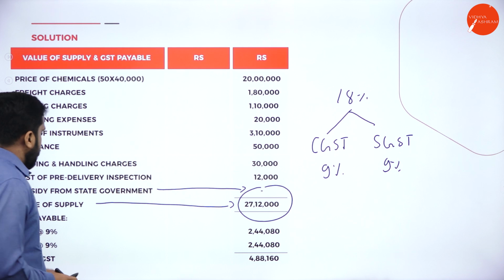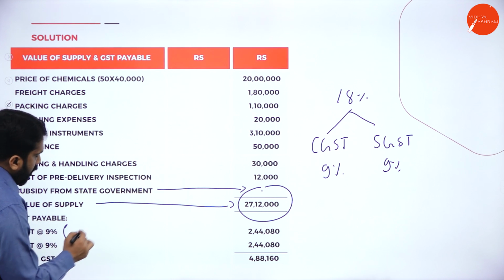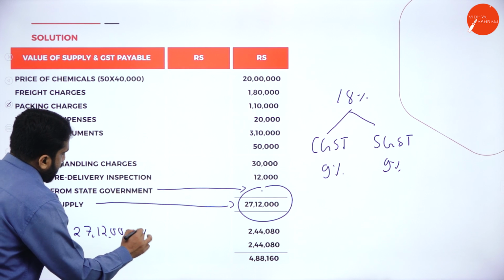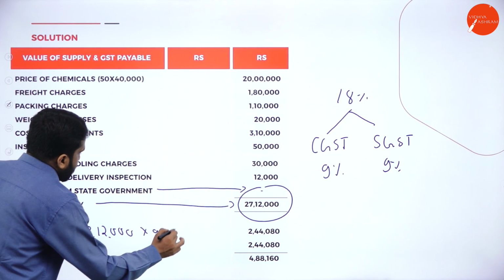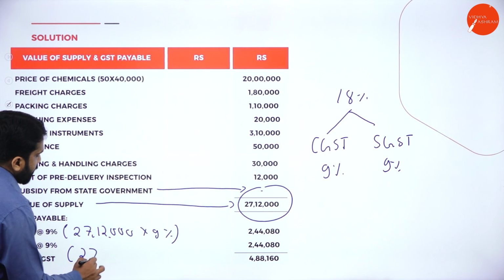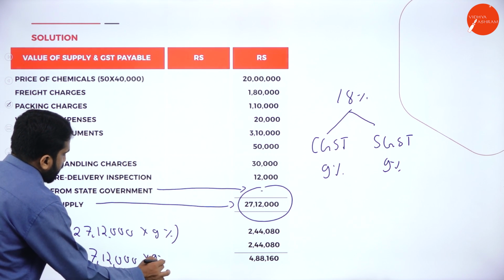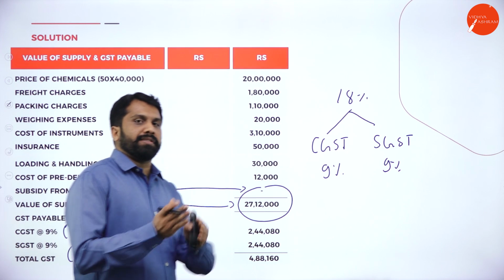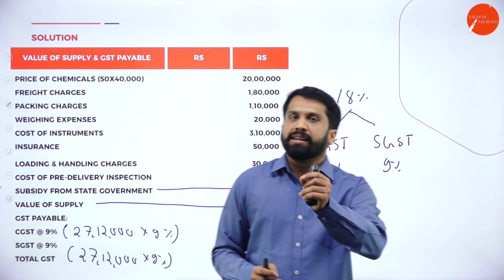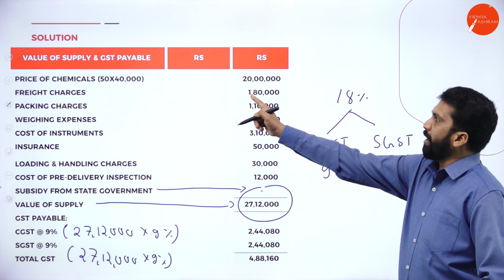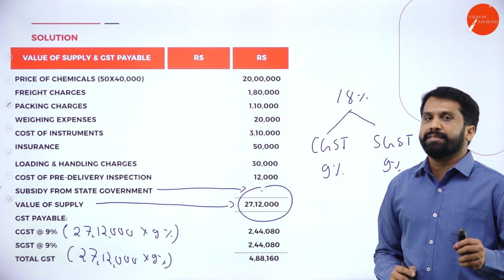So calculate how much? 27 lakh 12,000 multiplied with 9%. Similarly, 27 lakh 12,000 at 9%. The overall 18% we split into 9% and 9%. This is your answer for value of supply and GST.